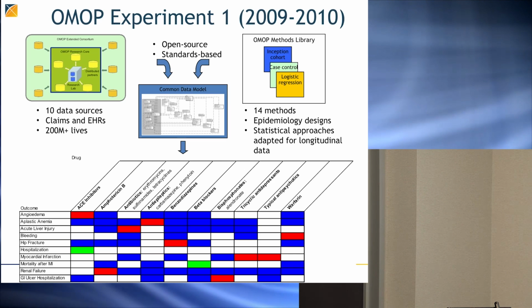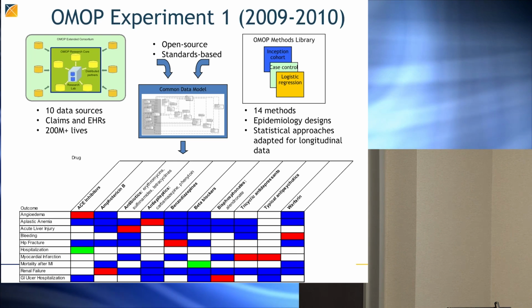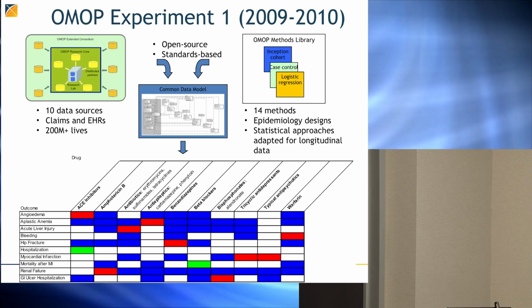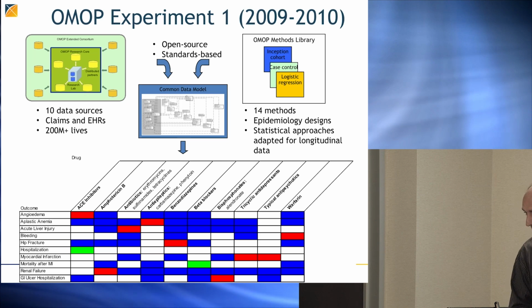And in order to do this, you had to take all these databases, and so you have 10 databases, 14 methods, and if you do it the conventional way, every method will have to be tweaked for every database, which is 10 times 14, and that is a nightmare, and you never know whether the difference is because of the tweaking or because there's a real difference.